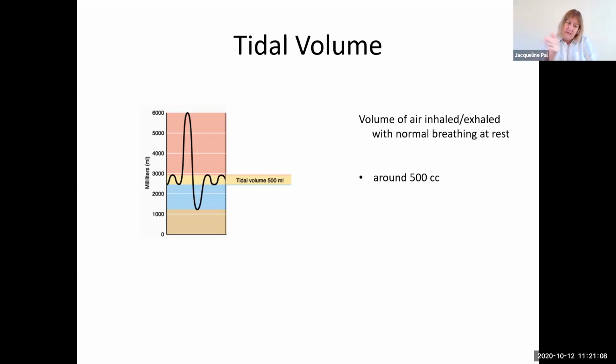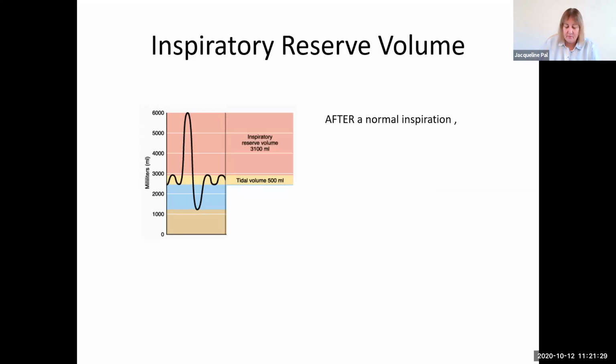It's like the tide. It comes in, it goes out, and it comes in, and it goes out. And so while you're sitting here doing much of nothing except listening to this video, you are moving about half a liter. This amount of air, not water obviously, but that amount of air in and out with each breath.